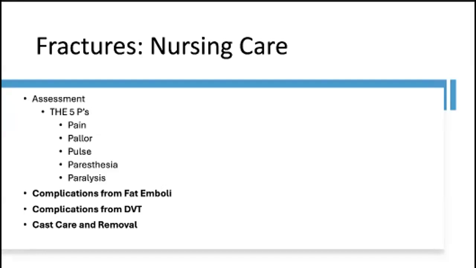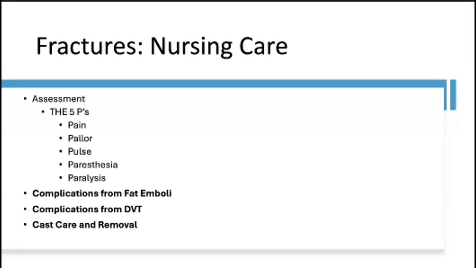Abnormal findings of any of these really require immediate intervention to make sure that we don't have permanent impairment develop. And when we're assessing for other potential complications, fat emboli, although rare in children, are possible after a long bone fracture. We can get petechiae, hypoxia, and pulmonary infiltrates.